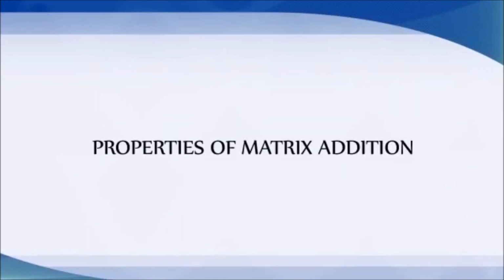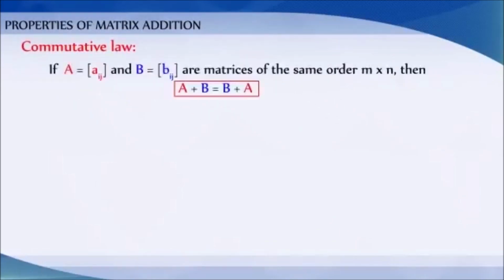Properties of matrix addition. Commutative law. If A is equal to Aij and B is equal to Bij are matrices of the same order m by n, then A plus B is equal to B plus A. That is, A plus B is equal to matrix Aij plus matrix Bij, which is equal to matrix Aij plus Bij.